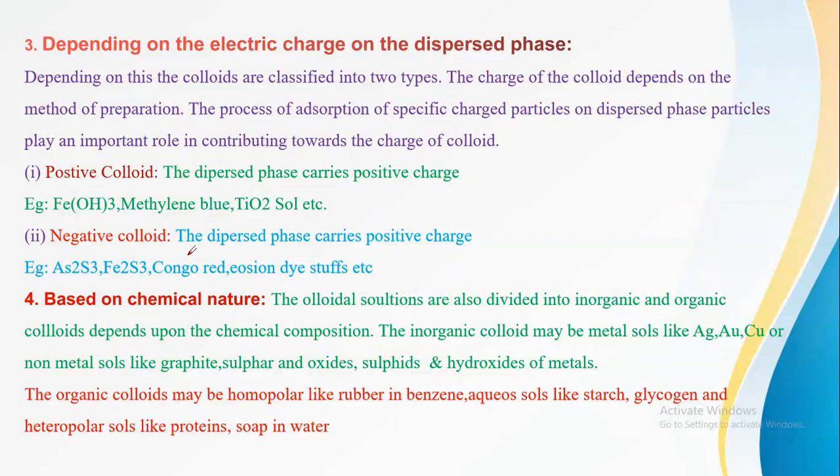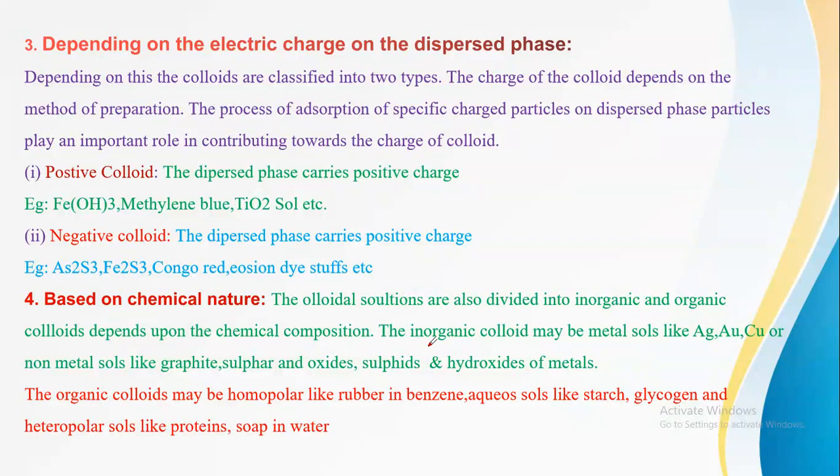And based on the fourth factor, the colloids are again classified into two types. The fourth factor is chemical nature. So based on chemical nature, the colloidal solutions are classified into inorganic colloids and organic colloids, depending on the chemical composition.